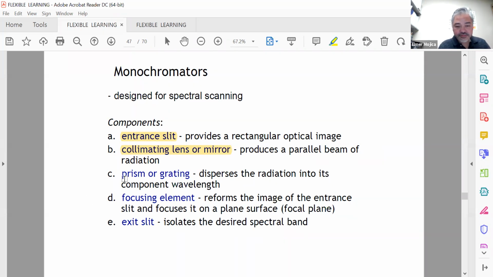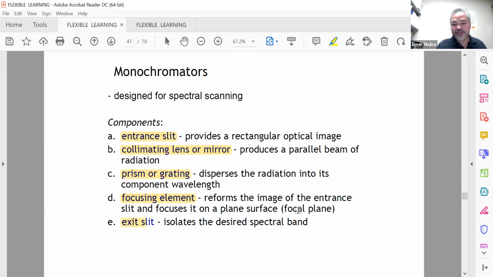And then to disperse the radiation into its component wavelengths, you have a prism or grating. Now the focusing element there reforms the image of the entrance slit and focuses it on the plane surface, which is the focal plane. Now the exit slit is the one that isolates the desired spectral beam.